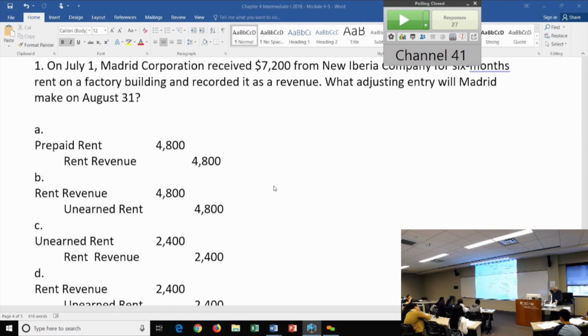So the answer has to be, at some point, that the rent earned has to be 2,400. So it has to be 2,400 for the 2 months, and the balance is 4,800, which is the 4 months that remain. It's a 6-month period. So basically, it is 2 months here and 4 months here.